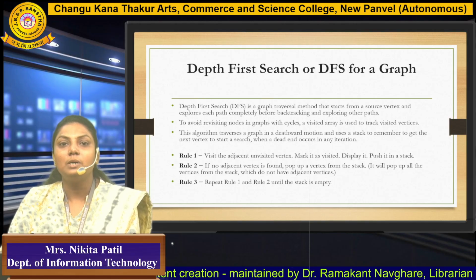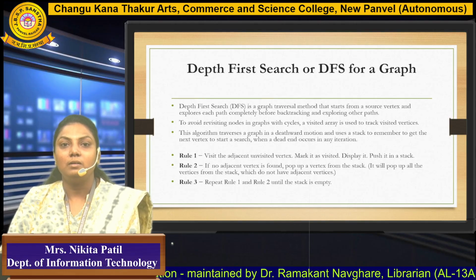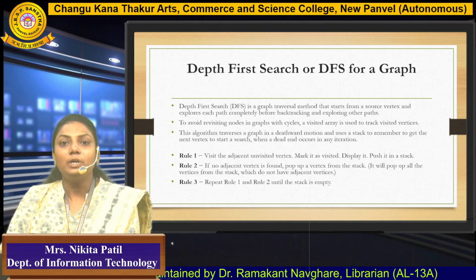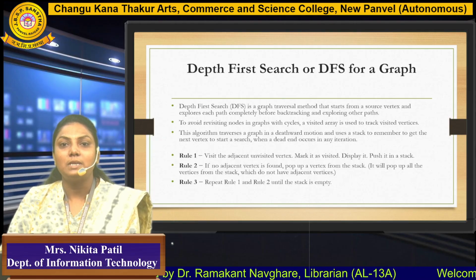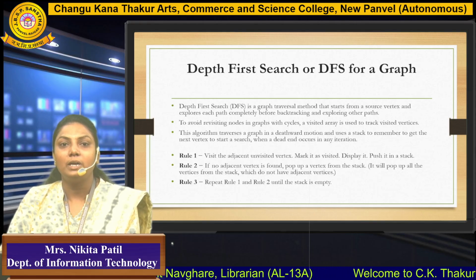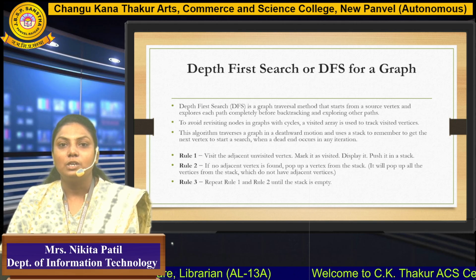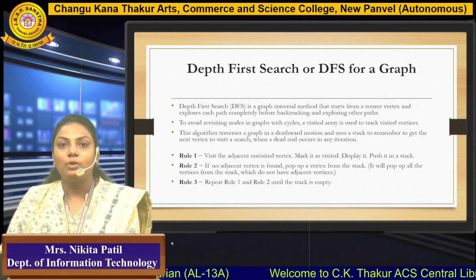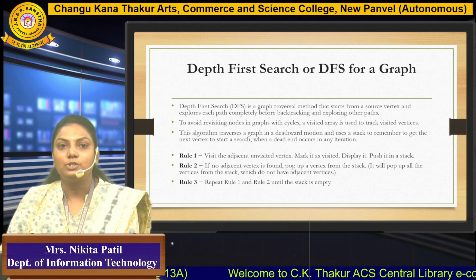This algorithm traverses a graph in a depthward motion and uses a stack to remember the next vertex from which to start a search when a dead end occurs in any iteration.